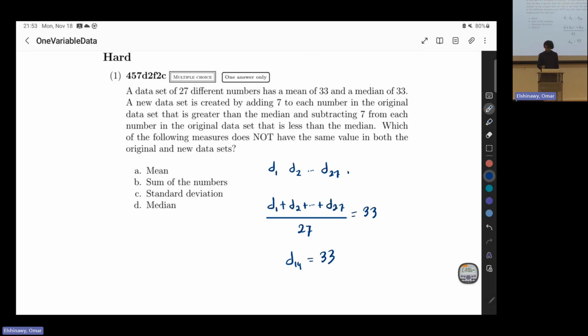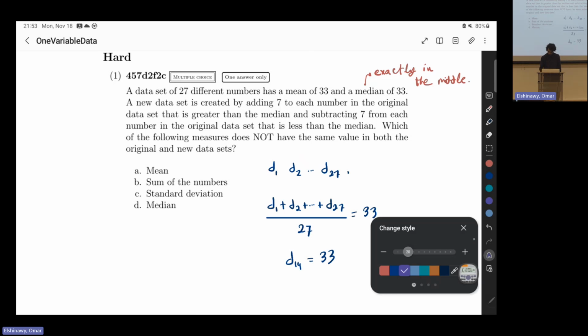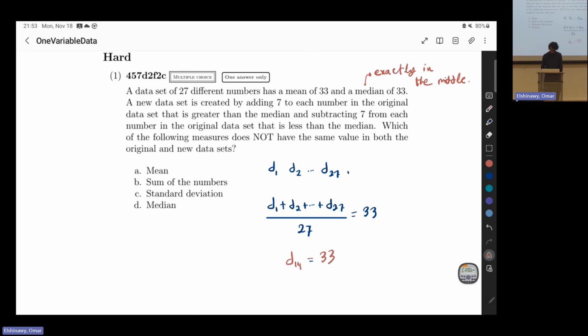So the median is the number that's exactly in the middle. The mean is just the average.